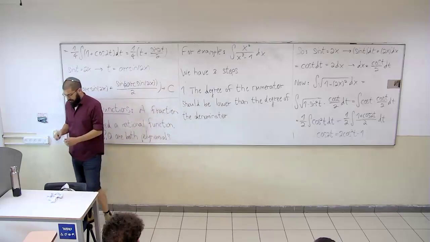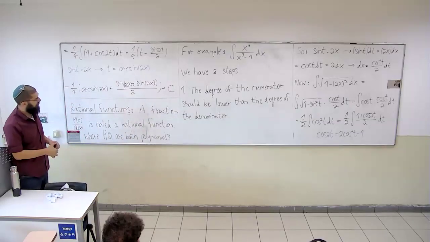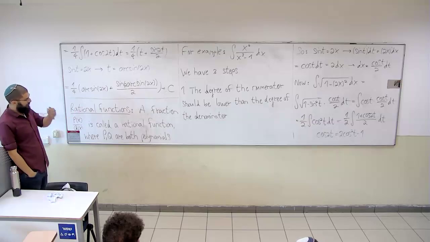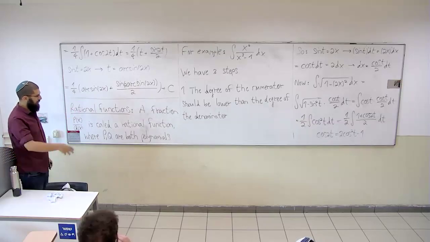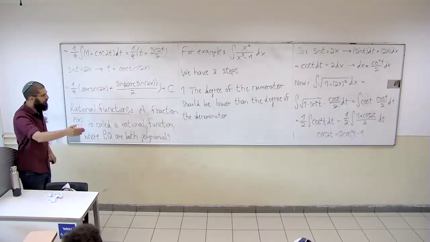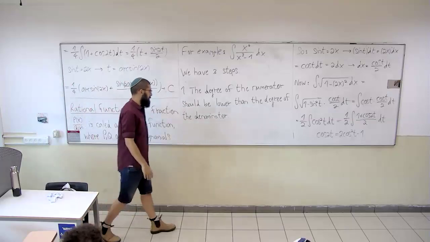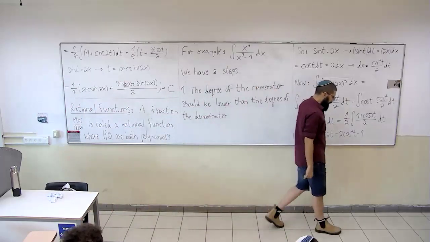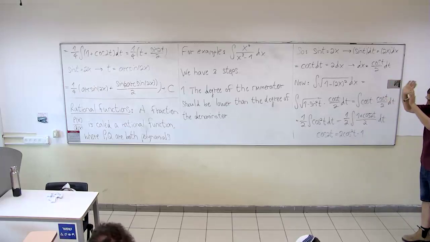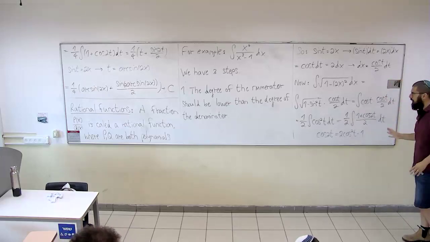If the function you're given is already in this configuration, with greater degree in the denominator, you can move forward to the next step without doing anything. How do we do it? Well, I write now very generally 1, 2, and 3, and then we'll talk about 1.